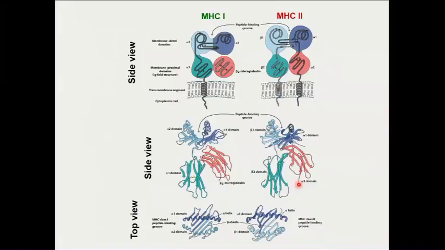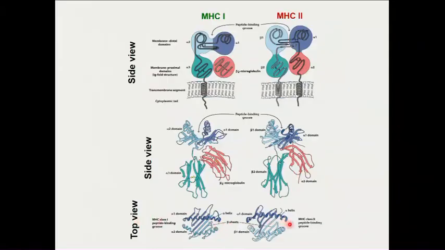Okay, so here we have the side view in this kind of depiction as I showed before, with a focus on how these things are attached to membranes. And here the side view, you have beta sheets and alpha helixes, and here we have the top view.